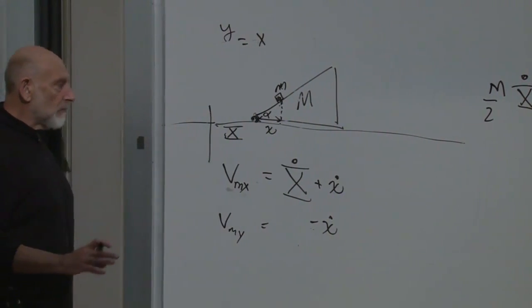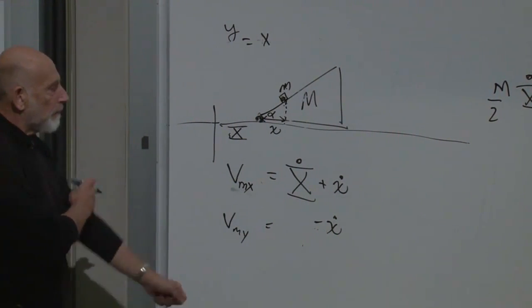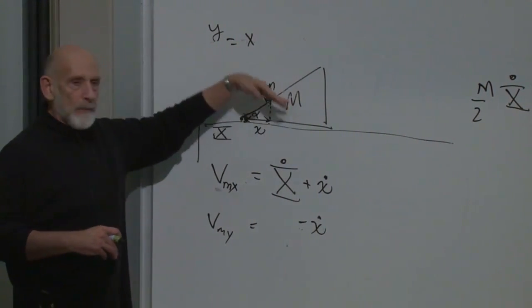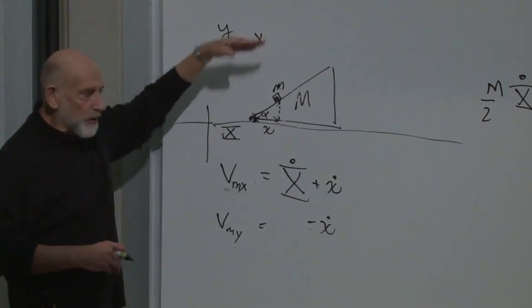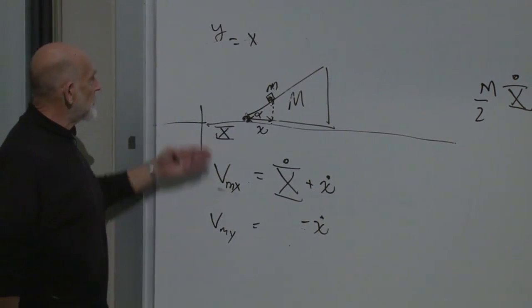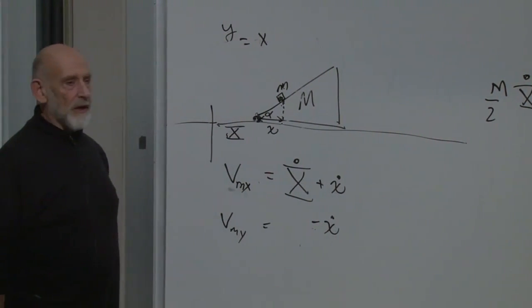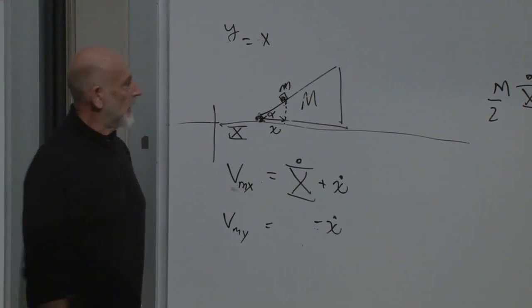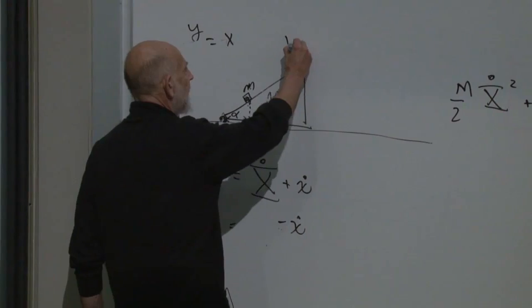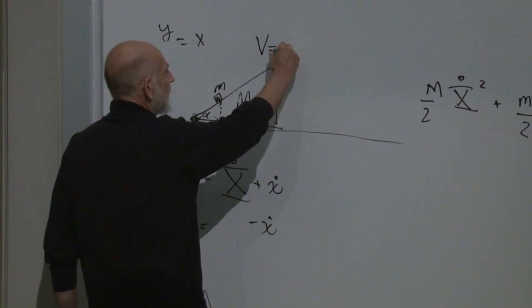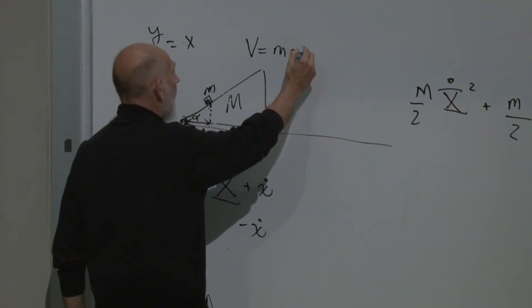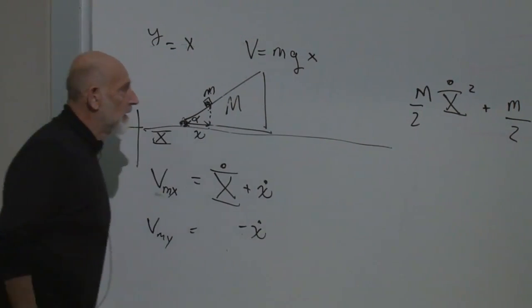So we don't need to write down any potential energy for big M, but we do need to write down a potential energy for little m because its altitude can change. In fact, its altitude is just x. So what's a good potential energy? A good potential energy would be V equals little m g times y, or equivalently x.